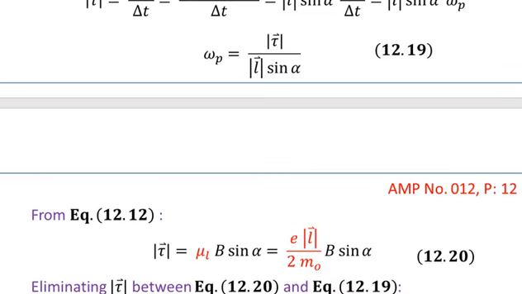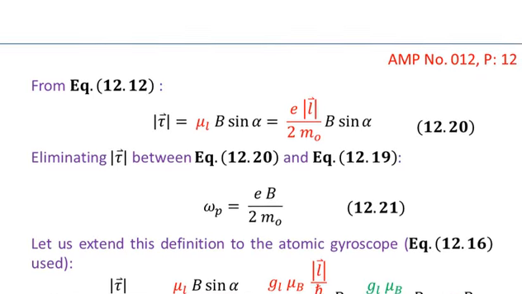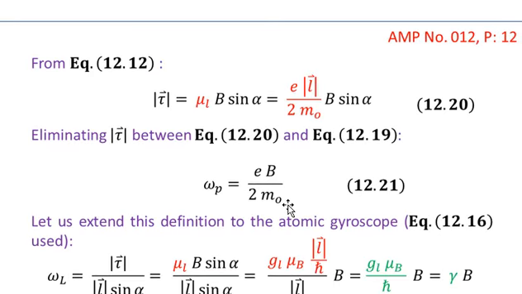So you have equation number 19, equation number 20. You can substitute the value of the magnitude of tau from equation number 20 into equation number 19. And then you can find an expression for omega p, which is equal to eB over 2 m naught.